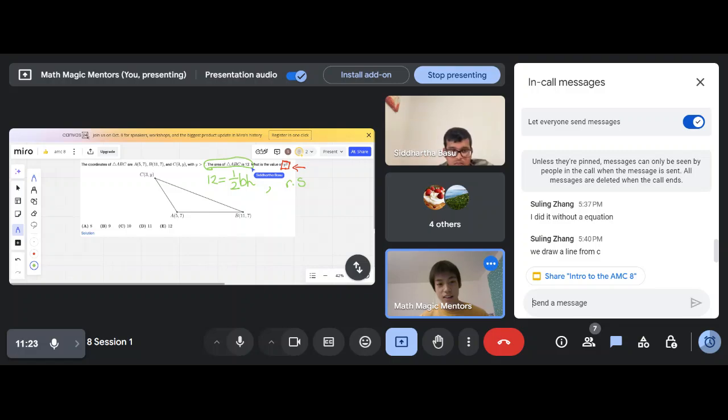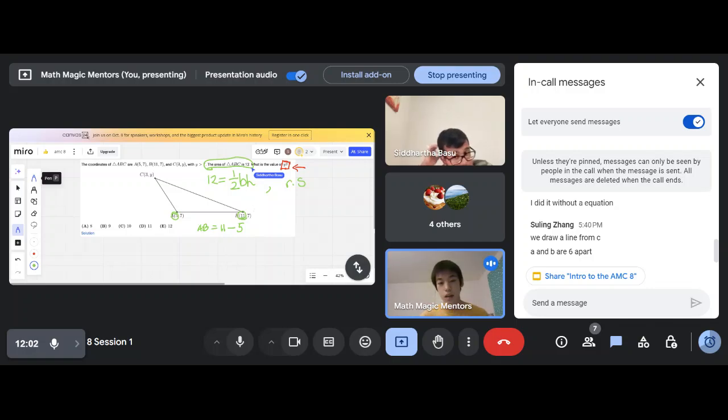Yes, that's the right idea. So to elaborate, because the x coordinates of A and B are different, but the y coordinates are the same, we know that the length of AB is the x coordinate 11 minus the x coordinate of A. So it's just the difference of the x coordinates because they have the same y coordinate.